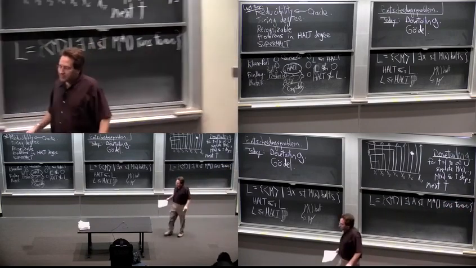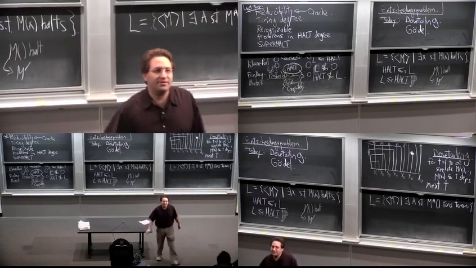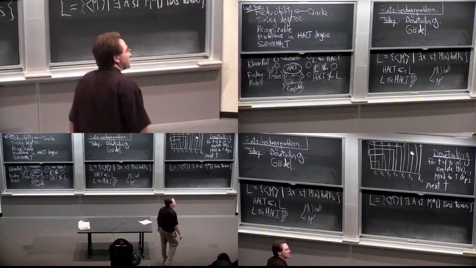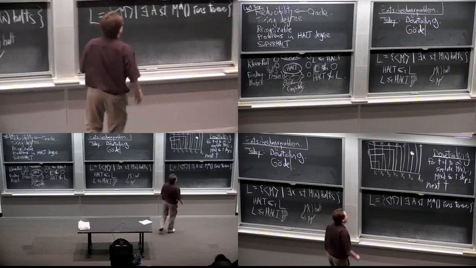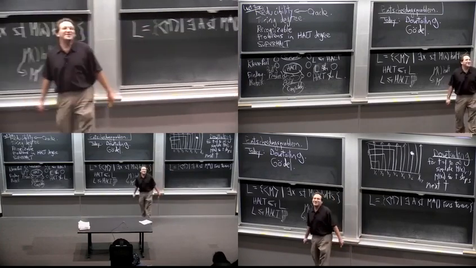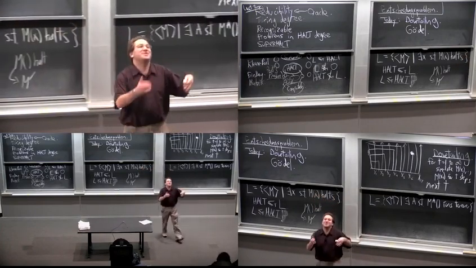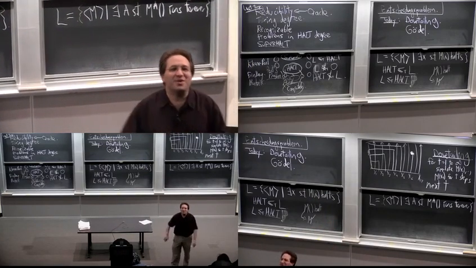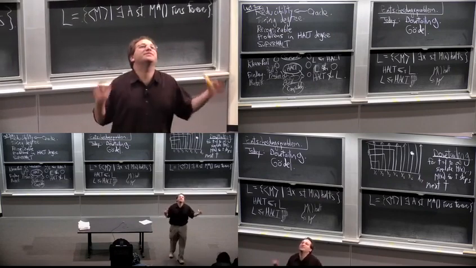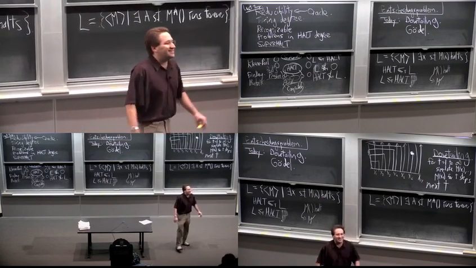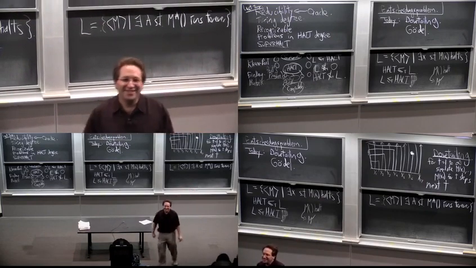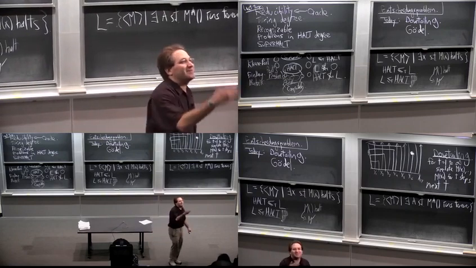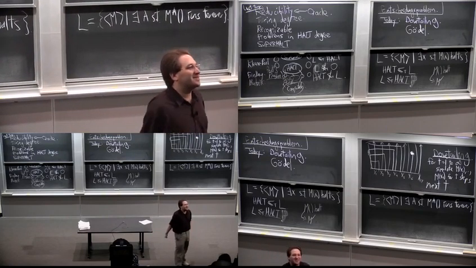Now let me do a still more interesting example. Let's consider the language that consists of all descriptions of Turing machines with an oracle, so that can read an oracle. One way to think of an oracle is just as an infinitely long input, an input that never ends, because it has a bit for every possible question that you could ask it.